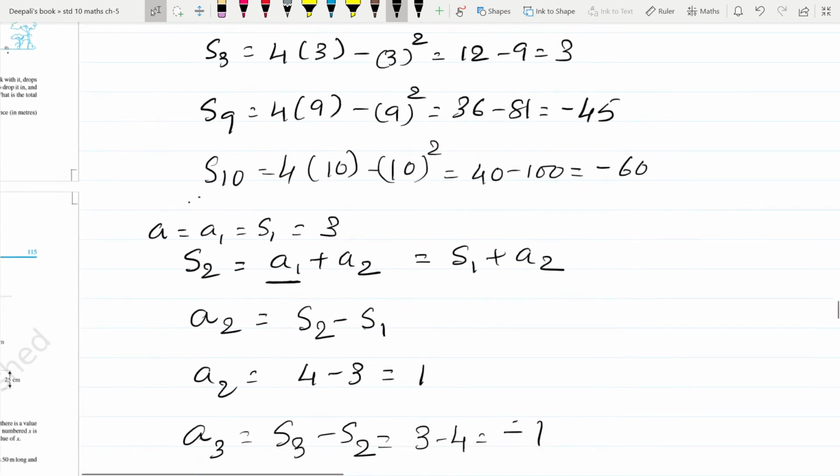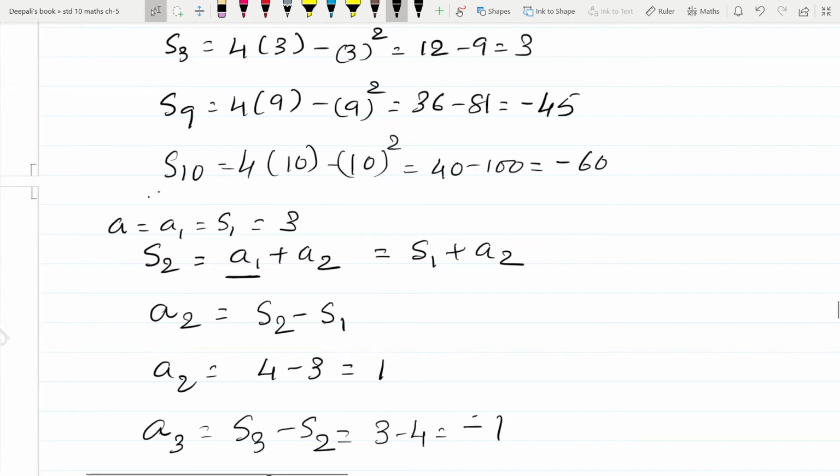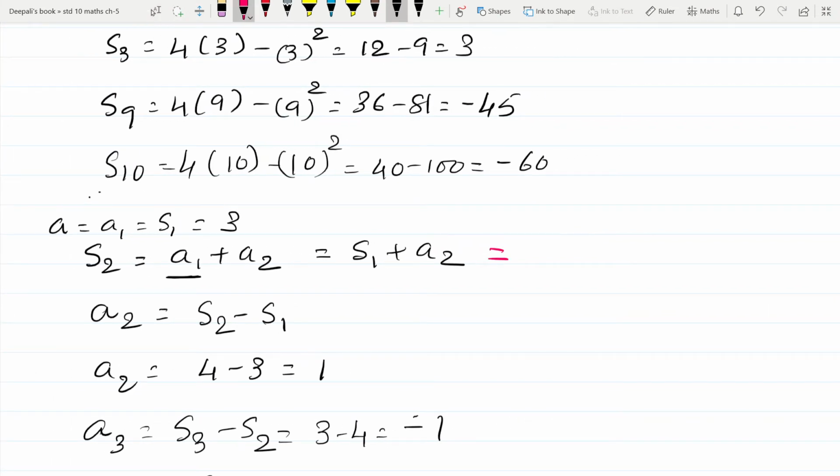Now remember, S2 is always equal to A1 plus A2. Same way, A2 is S2 minus S1. So if I replace the values here for S1 and A1 and A2, I will get A1 is equal to 3, then A2 will be equal to S2 minus S1.